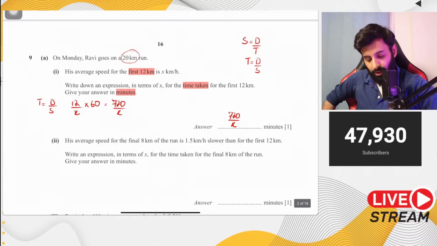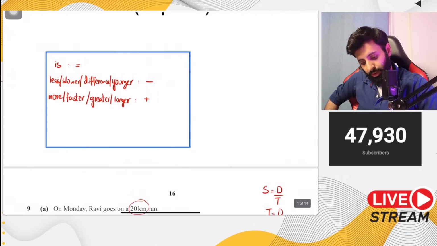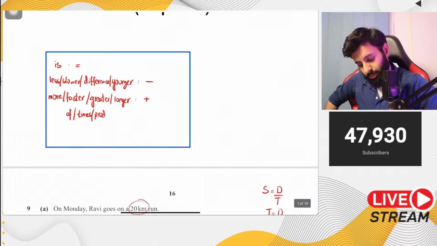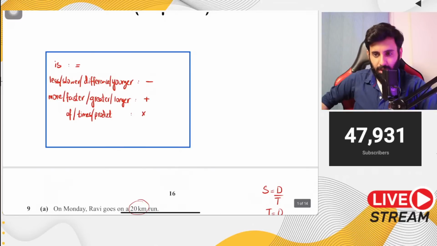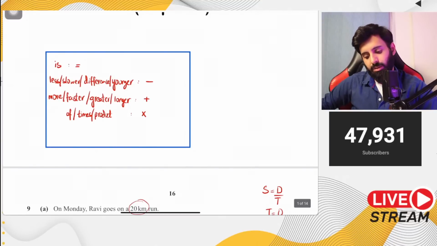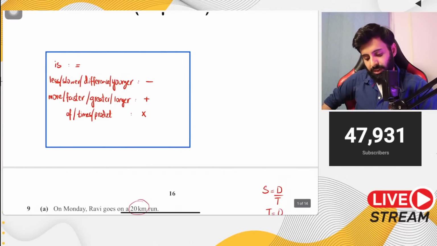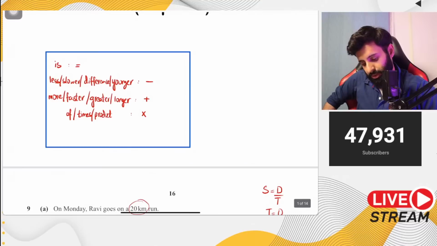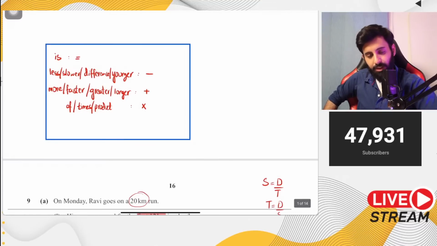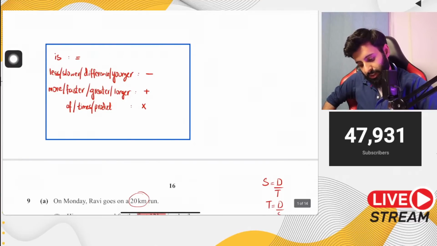Now, as I was saying, remember that the word of, or the word times, or the word product, these words usually translate into multiply. And when it's division, the question will be very explicit about it. There's no such keyword which will tell you that you need to use the division sign. The question will be very explicit about it. So this you can say is like a dictionary of word problems. So you can refer to it. You can also add elder in plus.